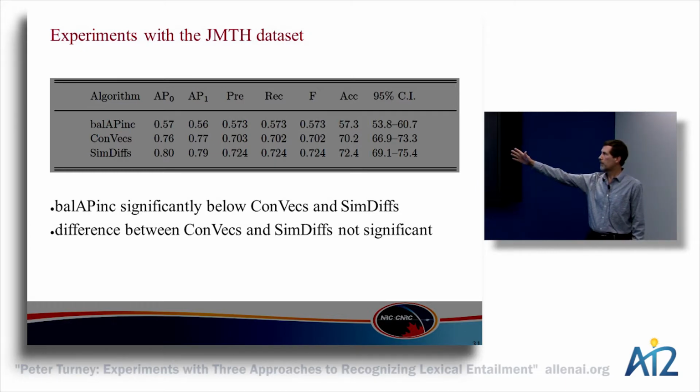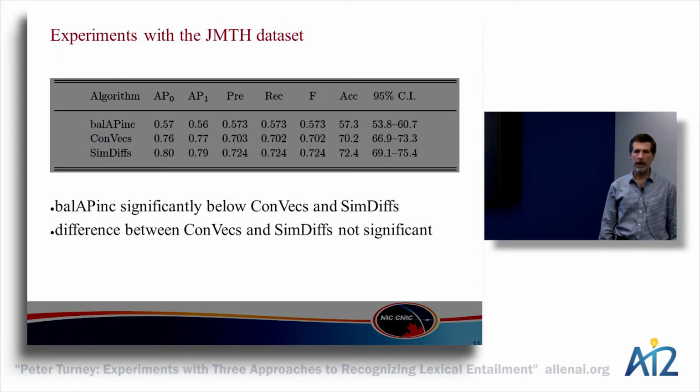For all of the performance measures, average precision, recall, F measure, accuracy, there's the same basic pattern. The ConVecs and SimDiffs give quite close results. So ConVecs gets 70.2% and SimDiffs gets 72.4%. The difference is not significant. But BalAPinc is way behind the other two.